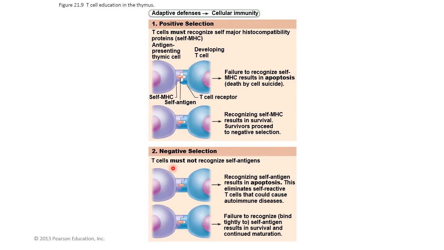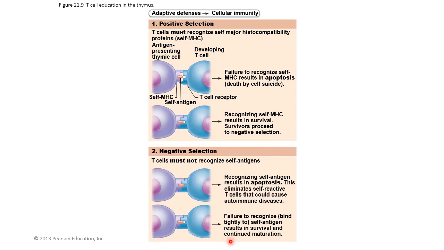Now, the T cells must not recognize self-antigens, meaning that they cannot bind so tightly that they want to destroy it. So recognizing self-antigen results in apoptosis. This eliminates self-reactive T cells that could cause autoimmune diseases. So you don't want something to attach so tightly that it does destroy that particular cell. It has to be able to recognize it, identify it, and accept it as belonging to you.